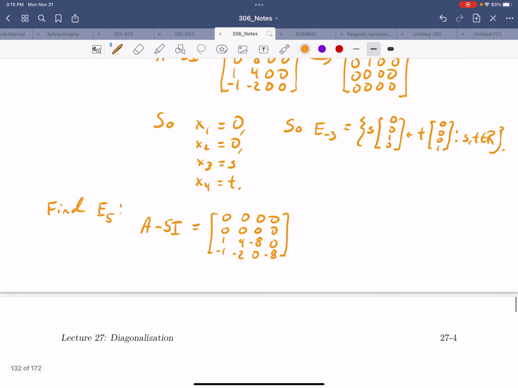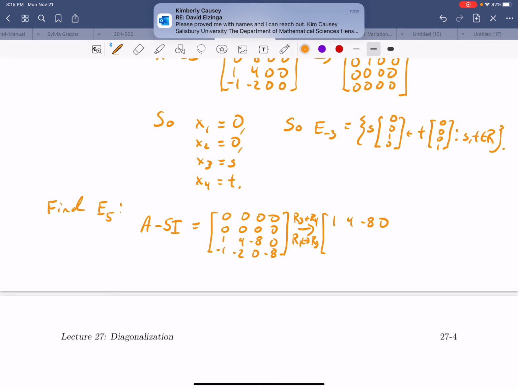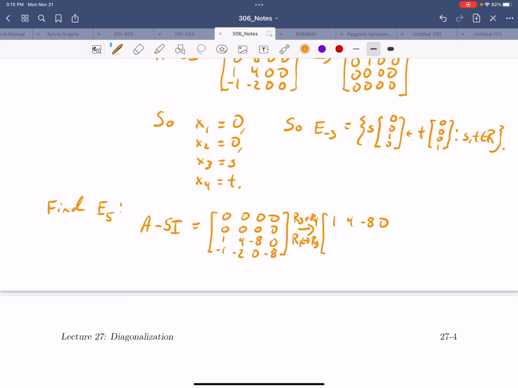All right. And when we do some row reduction, let's see. I'm going to do row 3 plus row 4. And I'm also going to swap row 1 with row 3. So it's going to give us 1, 4, negative 8, 0. Then I'm also going to swap row 2 with row 4.